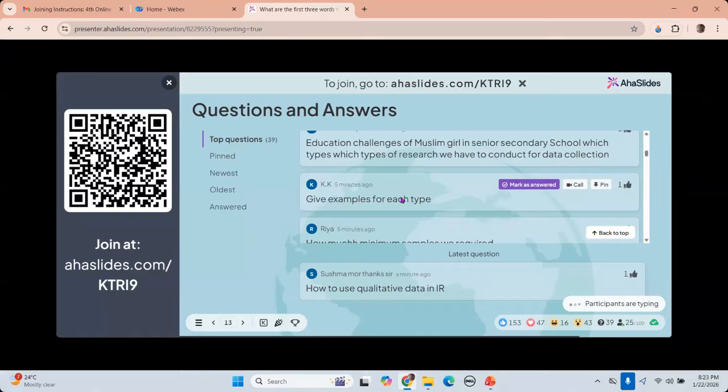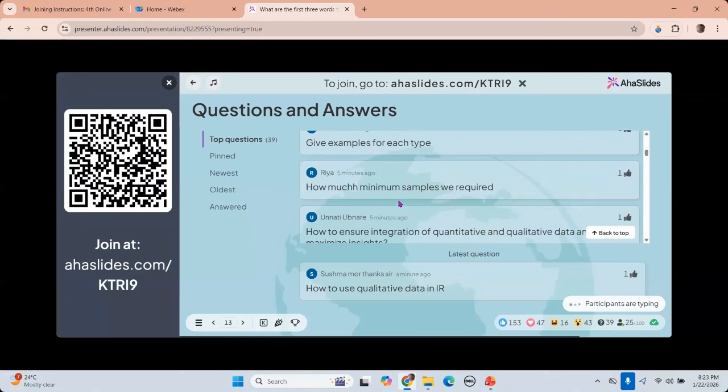Second, there is an online calculator, the Raosoft calculator, named after a very popular statistician, Professor Rao. He published an online calculator. I'll be sharing it in the WhatsApp group. This particular tool will be very helpful to calculate your sample size. So this is all about the quantitative part.